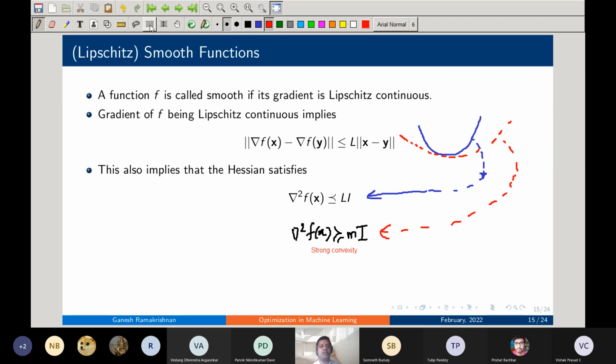So they are in some sense complementing each other. They may appear to be opposing, but there's a lower bound and an upper bound, so they can coexist. Let me know if there are questions.